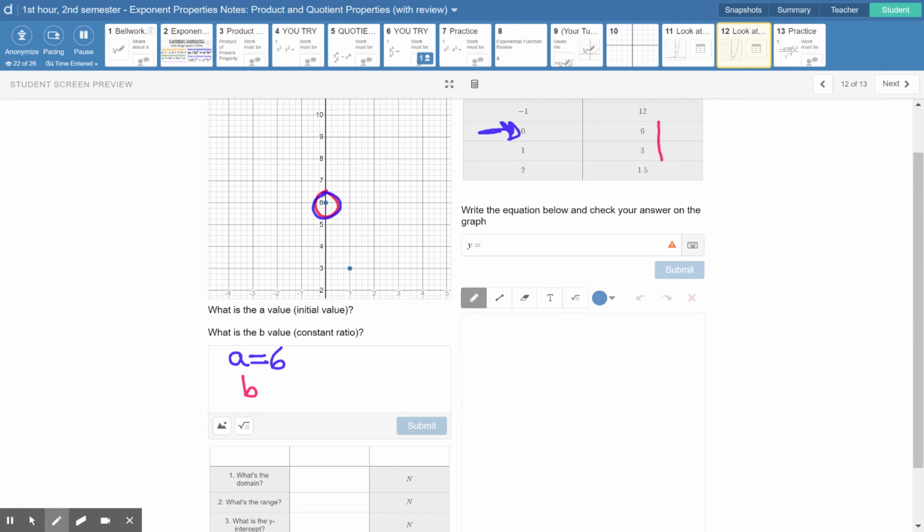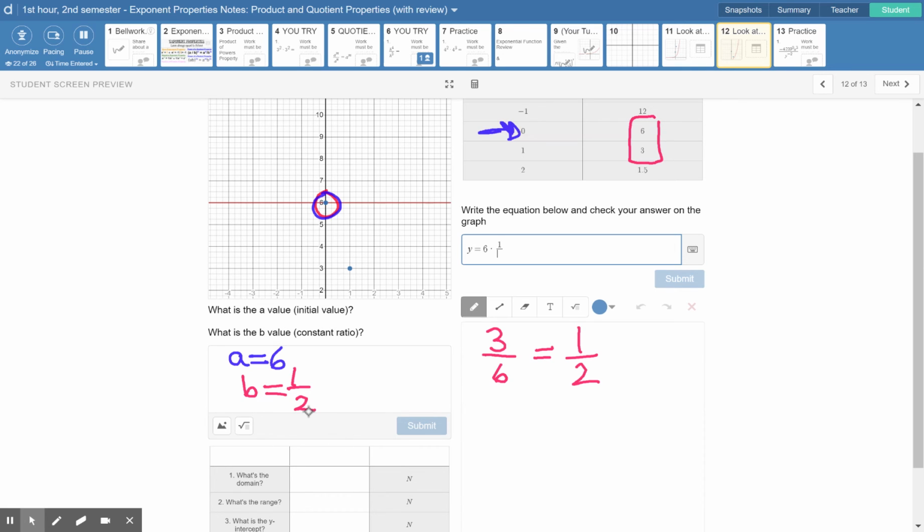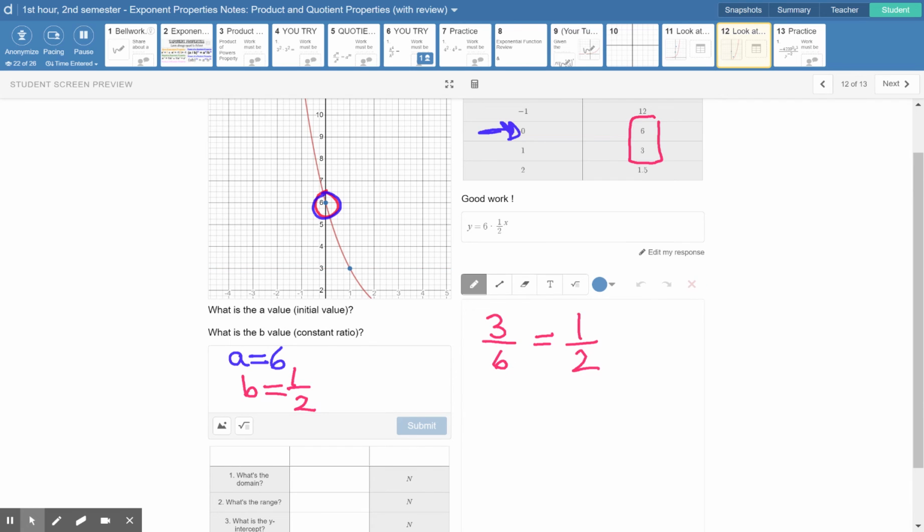I'm going to stay away from the decimal. I'm going to start from the bottom up. I chose 3 divided by 6. 3 divided by 6 is 1 over 2. So that's going to be my b value. Put that into 6 times 1 divided by 2. Make sure the x is in the exponent. And there you go.